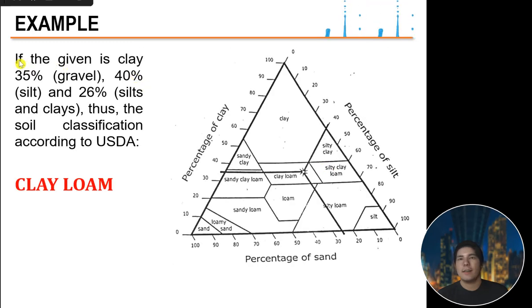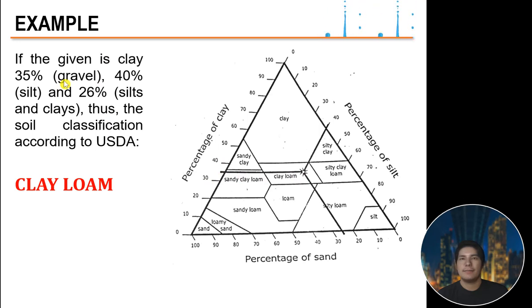So another example is if the given is clay which is 35%, so clay is 35%, this is it, in between 30 and 40, so we have this one.